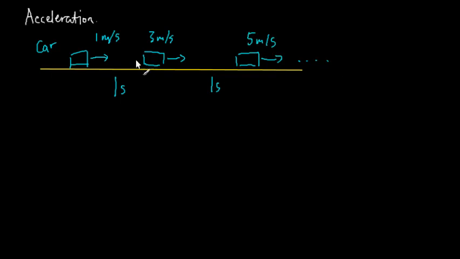Okay, so clearly it is accelerating. It's going faster and faster. So we call that an acceleration, and that's what we normally say when you see a car going faster and faster. Right. Now let's develop this idea of acceleration in physics a little bit more.